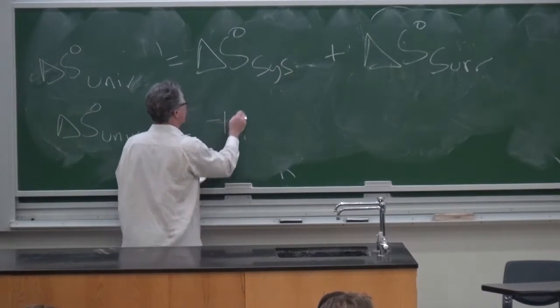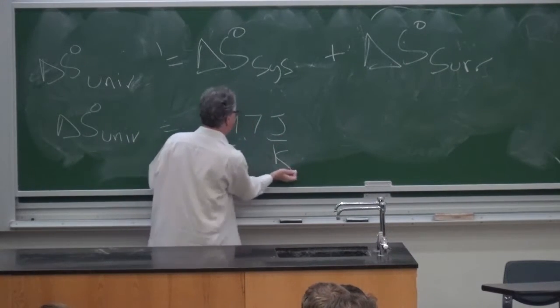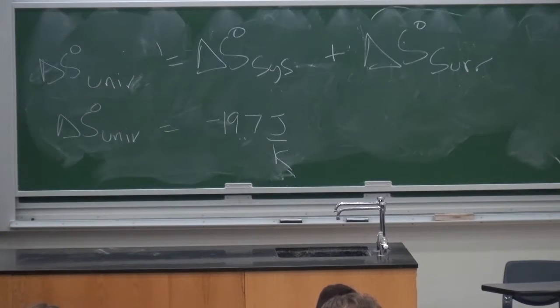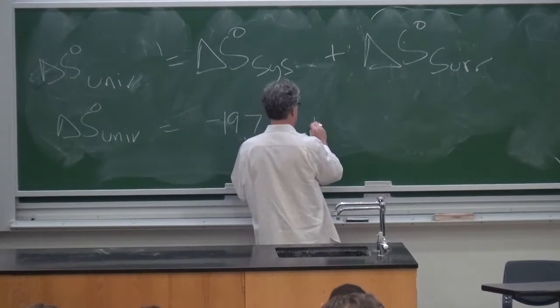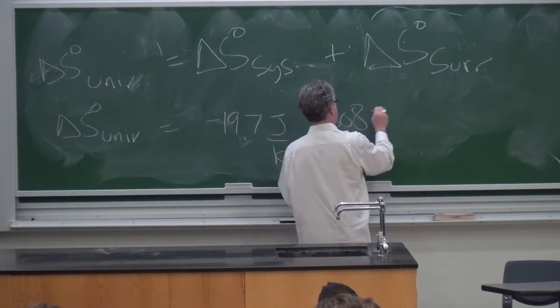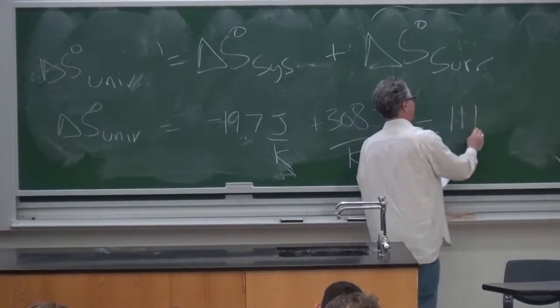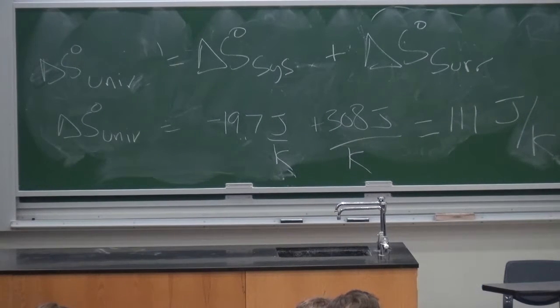There's the negative one that we were worried about. We were worried about the fact that the reaction had a negative entropy, and that's not helping us. But look at this one. So delta S of the universe is a positive number.